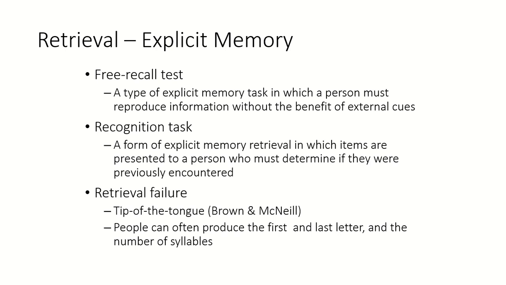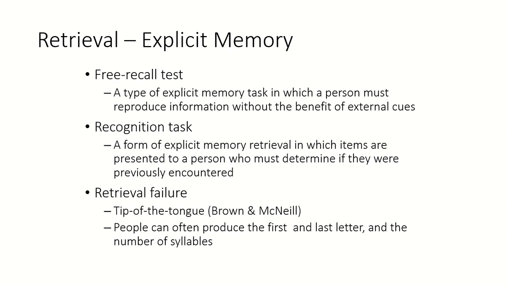Sometimes people also try to study explicit memory by focusing on when people are making mistakes in retrieval, so retrieval failures. One strange, curious case of that is the tip of the tongue phenomenon. I'm sure you guys have had this, when you're thinking of a word and you just can't get to it, or you're thinking of somebody's name and you just can't get to it.